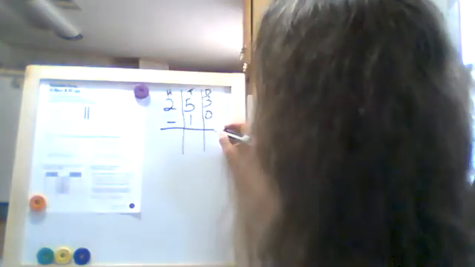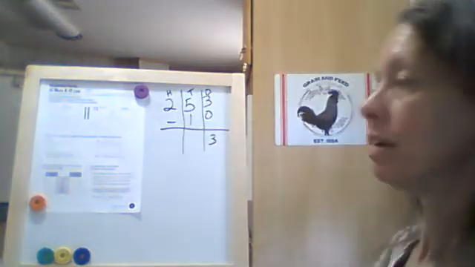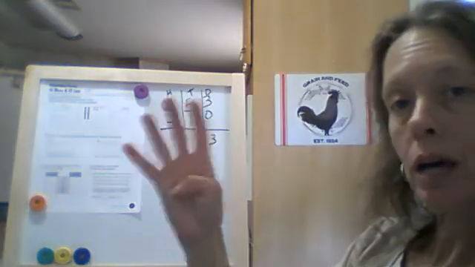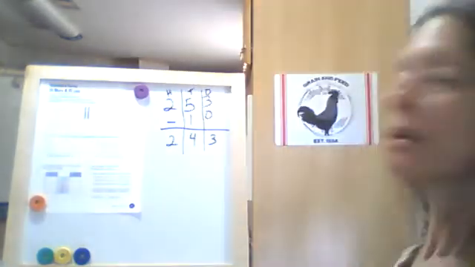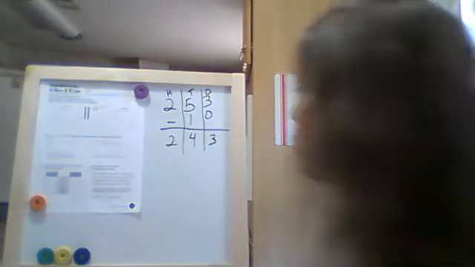Remember, this is ones, tens, hundreds. If I subtract 10, let me make this smaller. I go 3 minus nothing is 3. 5 minus 1, I have 5, and I take away 1, I've got 4. And 2 minus nothing is 2. Okay, so we take away 10 more.